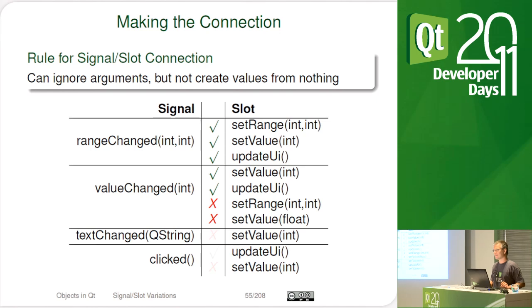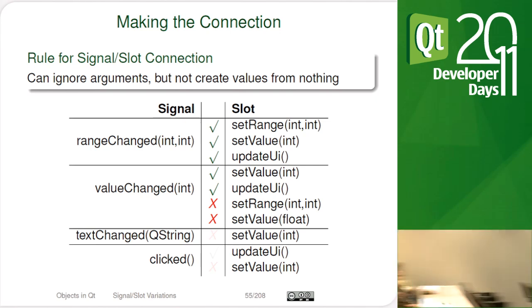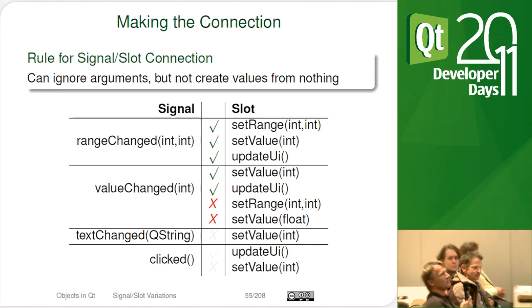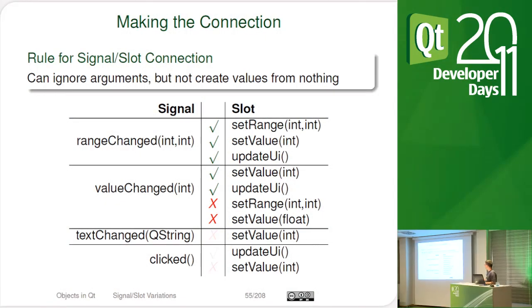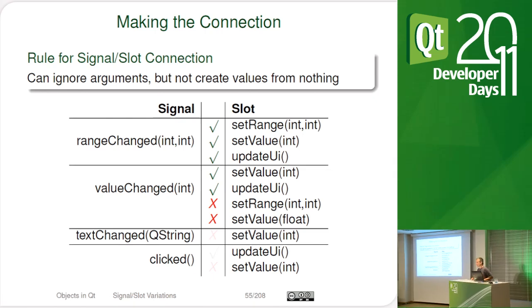Okay. If it is a short question, it's unfortunately not so short. Is the signature always, at least in the Qt framework, just a row of ints, or what do you mean, the parameter types? Yeah. It can be any kind of parameters, and we will see what we can use. We can not only use the predefined like int and strings, we can also define our own user-defined data types for signal slot connections.